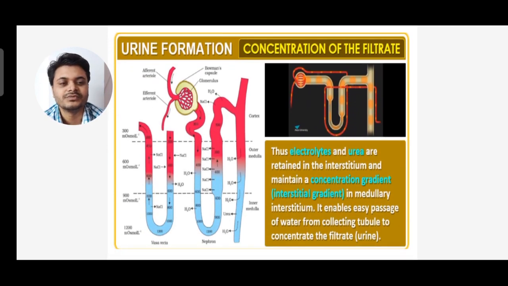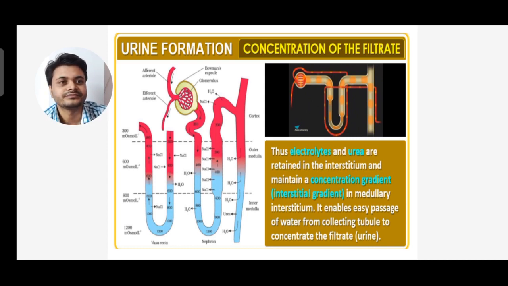Thus you can see the electrolytes and urea are retained in the interstitium and maintain the concentration gradient, that is the interstitial gradient, in the medullary interstitium. So it enables easy passage of water from the collecting tubule to concentrate the filtrate, that is urine.